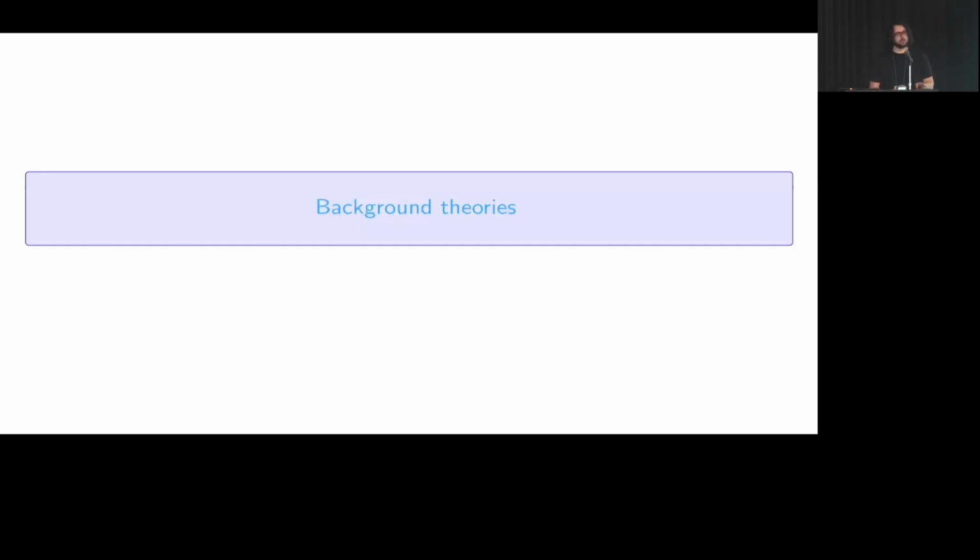Z3 and CVC5 tend to be the broadest in terms of support, but they are not necessarily your choice for solving a problem in these theories, because some other solvers may be better at them. A good resource to determine this is SMT-COMP, because it has these yearly evaluations of the systems to see how different systems behave in different logics.